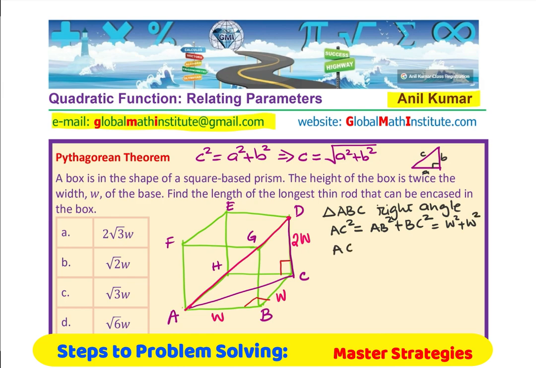So we got AC square as 2 times W square. That becomes one of our equations which we are going to use soon. We need to really find what AD is.